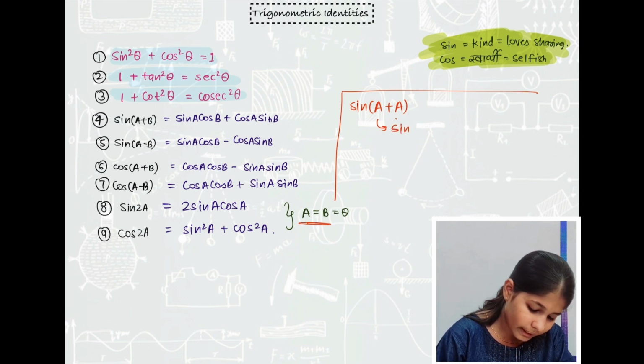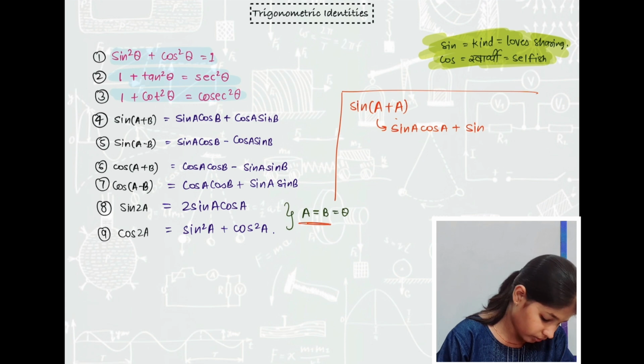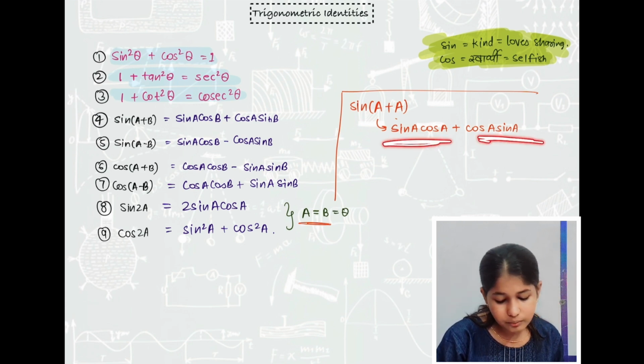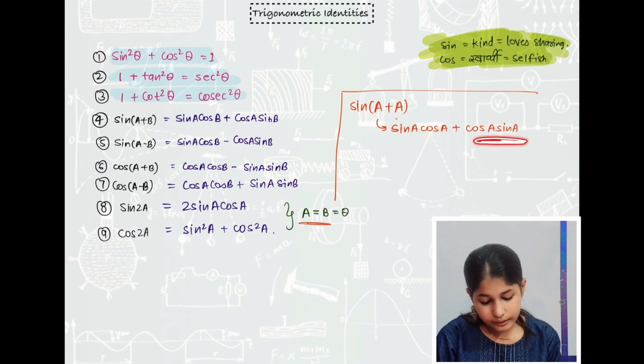So sine a cos a, because it is sharing everything, plus sine a cos a. Here you can see the terms are the same, but their order is different.